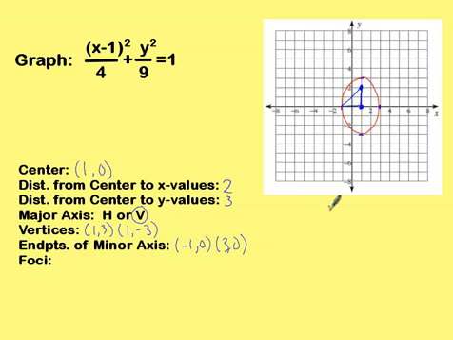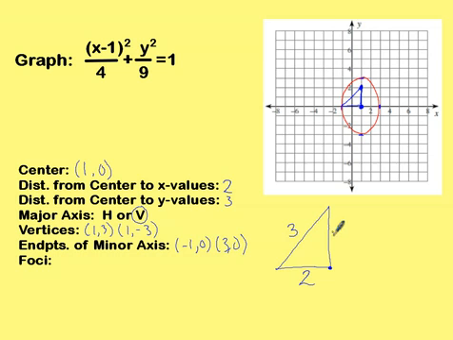So if I drew that triangle down here, a little bit bigger, we know that this distance is 2. We know the distance of the hypotenuse, which is from the center to a vertex, is 3. So we can find the distance from the center to the focus by using the Pythagorean theorem.